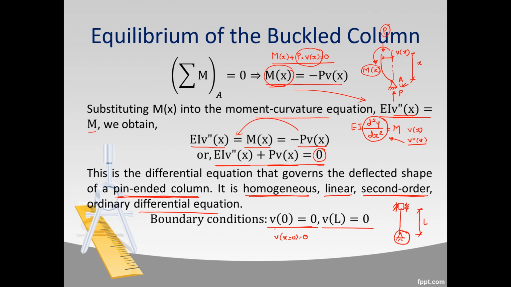So V at 0 equals 0 and V at L is also equal to 0. So these two will be our boundary conditions. Now using these boundary conditions, we have to solve this differential equation. Let's solve it in our next slide.